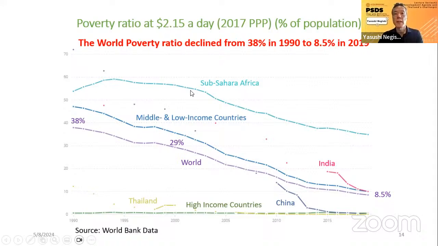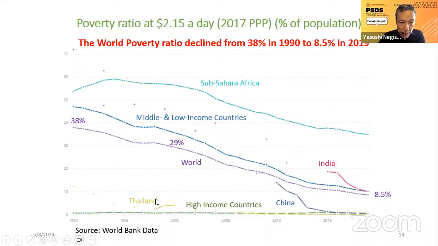But if you look at the sub-Saharan Africa poverty ratio, it has been successfully reduced gradually, but the current poverty ratio is in the mid 30%. So the pace of reduction was still slow in sub-Saharan Africa compared with those of China and India.